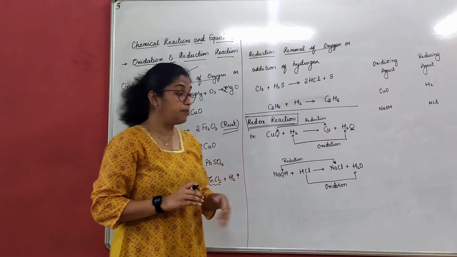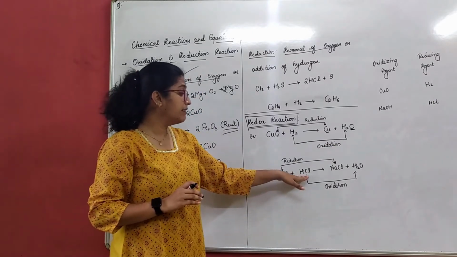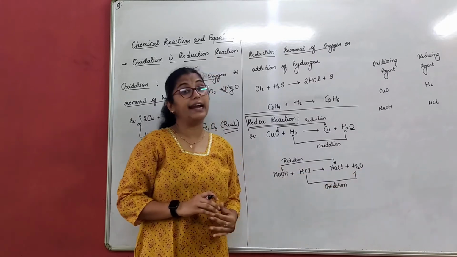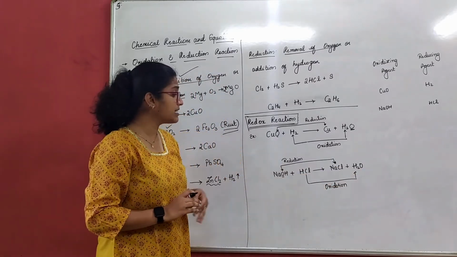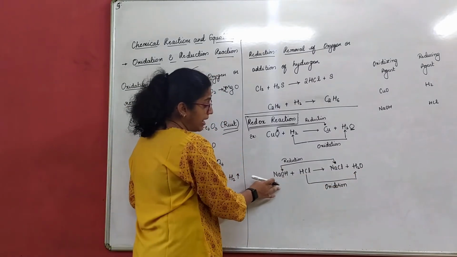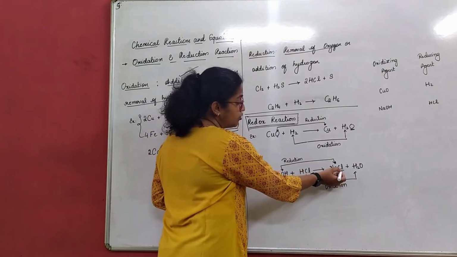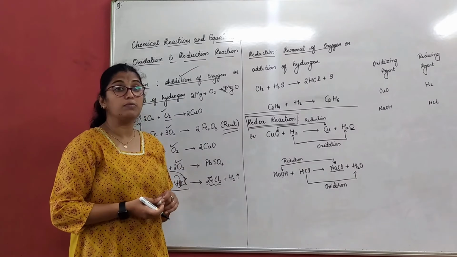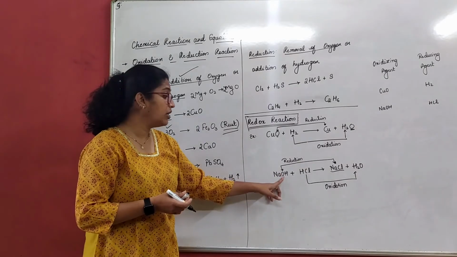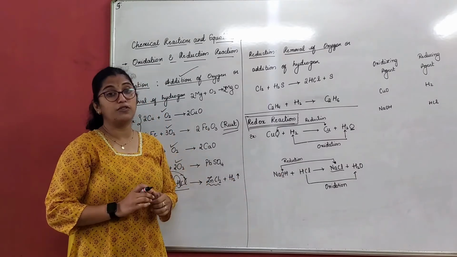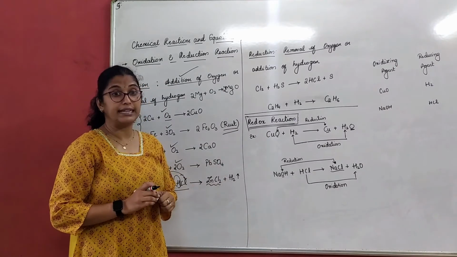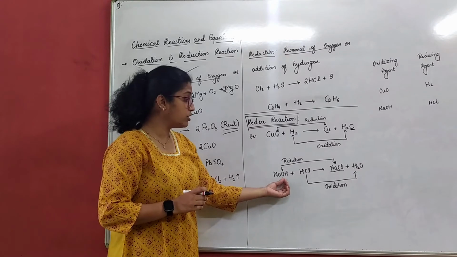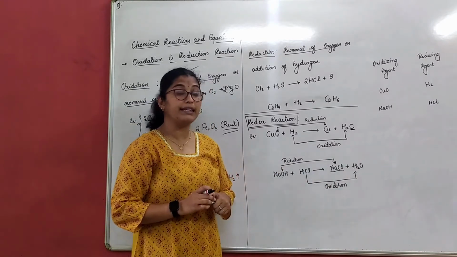We'll see one more example. Sodium hydroxide reacts with hydrochloric acid to give sodium chloride and water. Now what has happened here? Sodium hydroxide is reduced to sodium chloride. Reduced to sodium chloride means what we have done? We have removed the oxygen from sodium hydroxide, correct? Only sodium is there. We have removed the oxygen, that is why we got sodium chloride here.